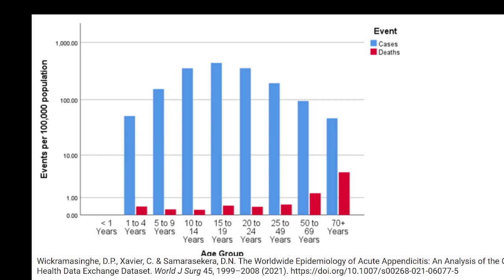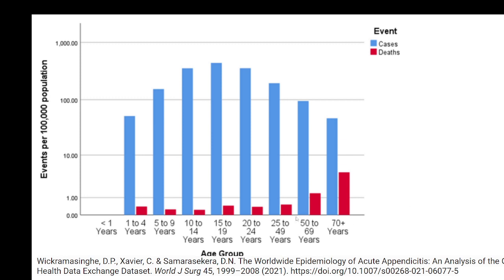The incidence of appendicitis is more common in the younger age group. The distribution among age groups: below 1 year it's very rare. Pediatric appendicitis is rare, but it produces unique complications, a unique issue.